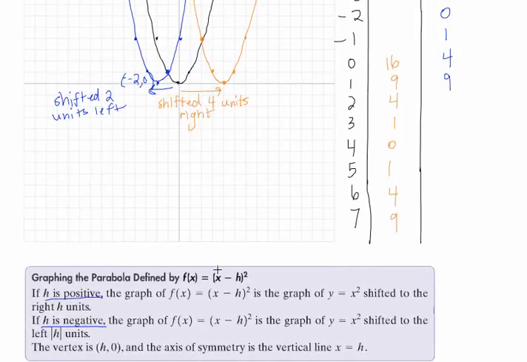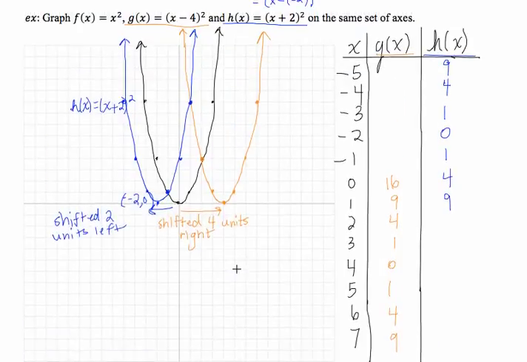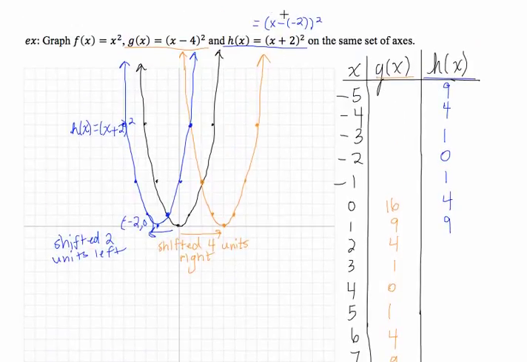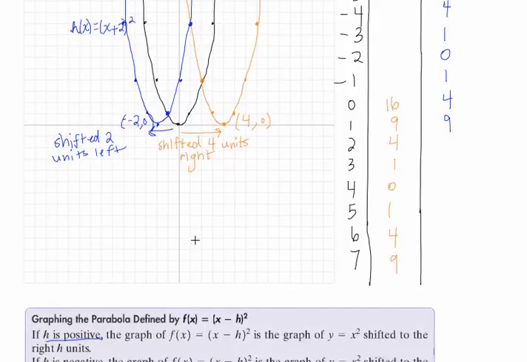This says x minus h, so now this is written in the form x minus h, so h would be -2 here. Now the vertex is -2, 0, so it looks like the vertex is h, 0. And the vertex on this one is 4, 0, and yes, h is equal to 4 on that one. So the vertex becomes h, 0 on these.